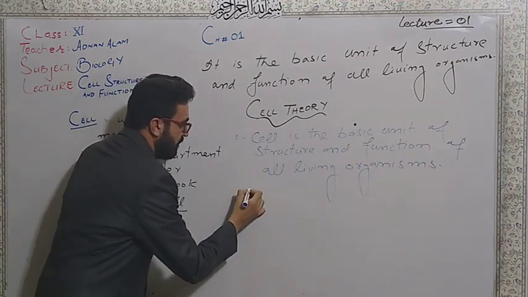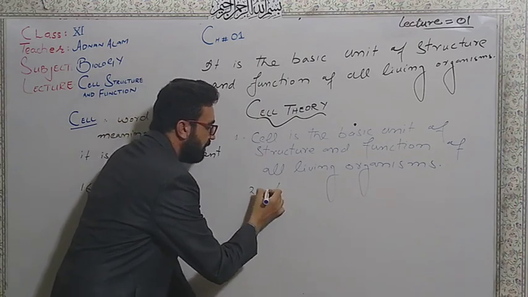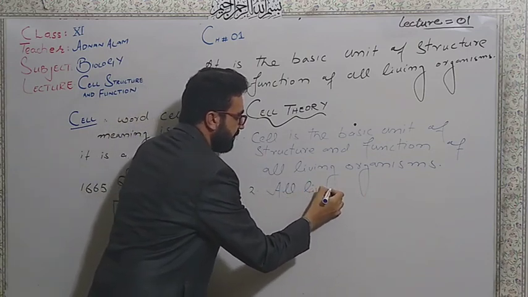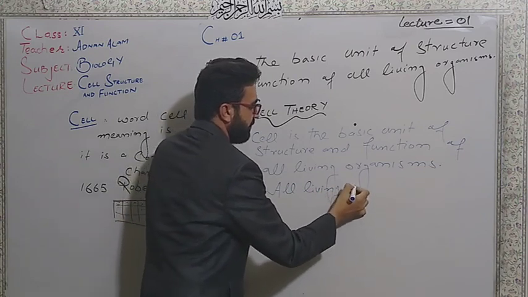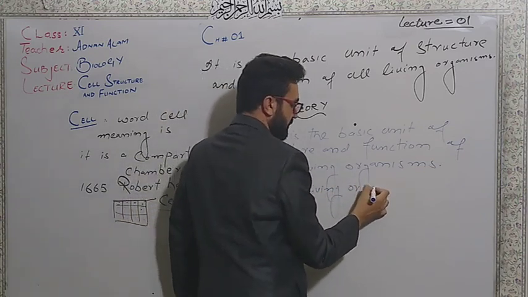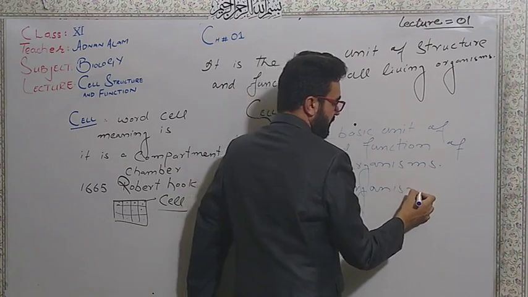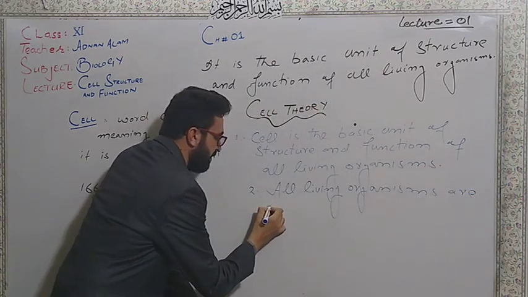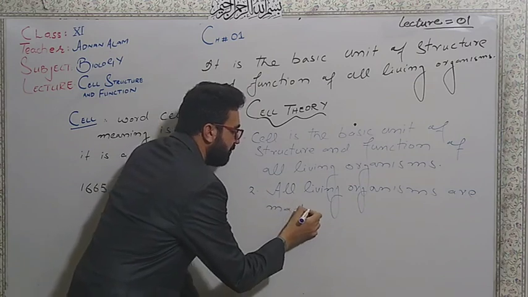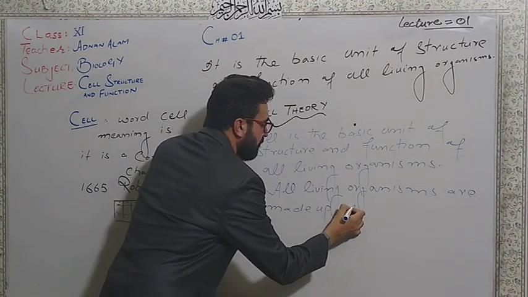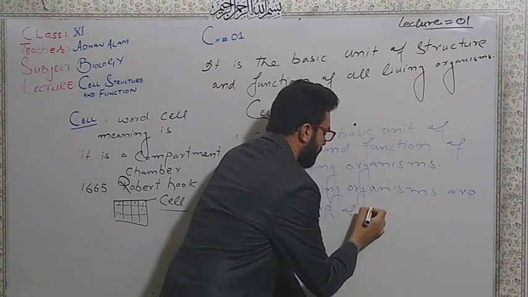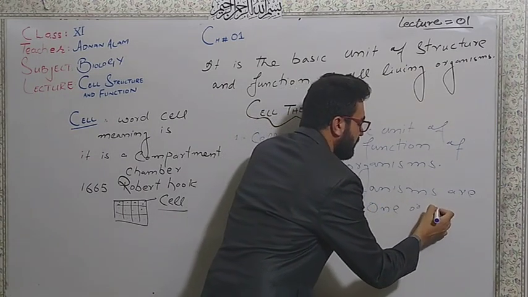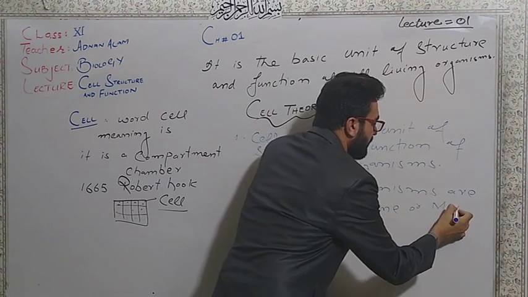Number 2, all living organisms are made of one or more than one cell.